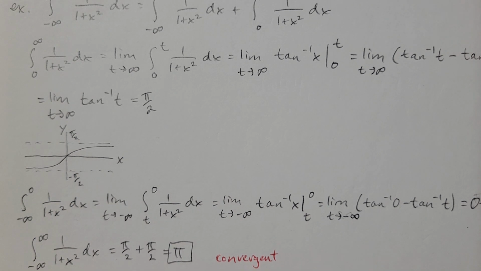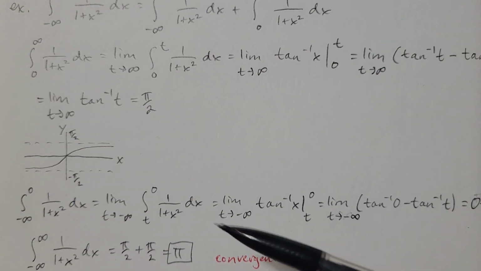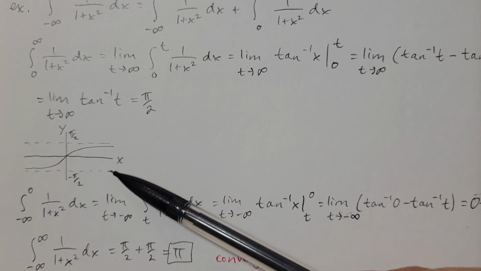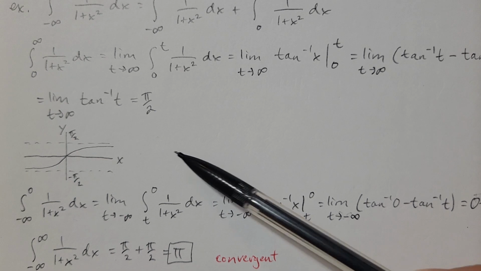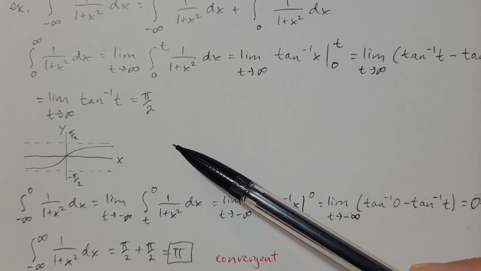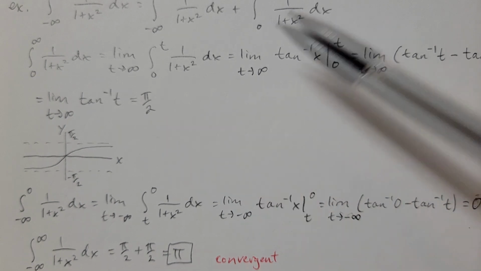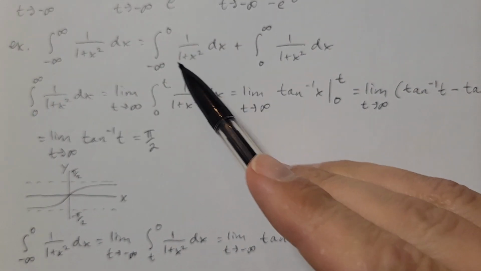Well, the tangent inverse curve has 2 horizontal asymptotes on it. One of them is at pi over 2, the other is at negative pi over 2. So as I head outward towards infinity here, this graph is getting closer and closer to pi over 2. Okay, so pi over 2 would be the value of that integral. And I got this other integral here that we got to find.